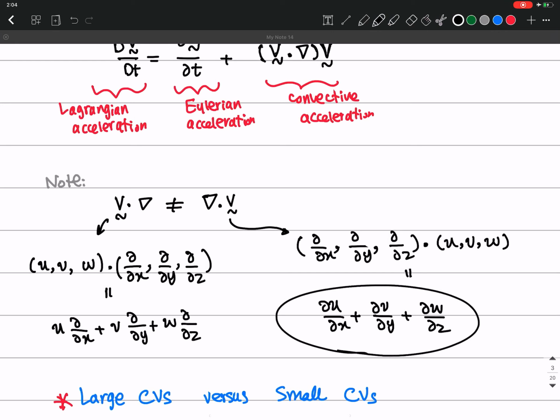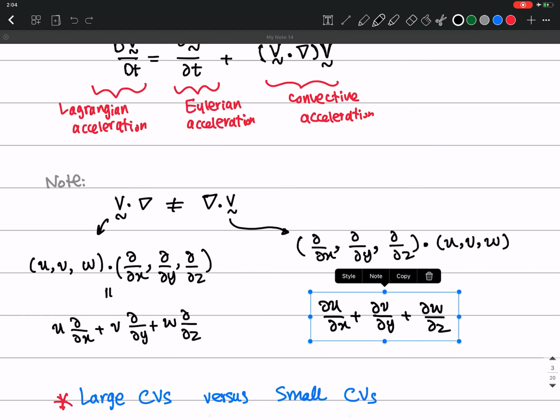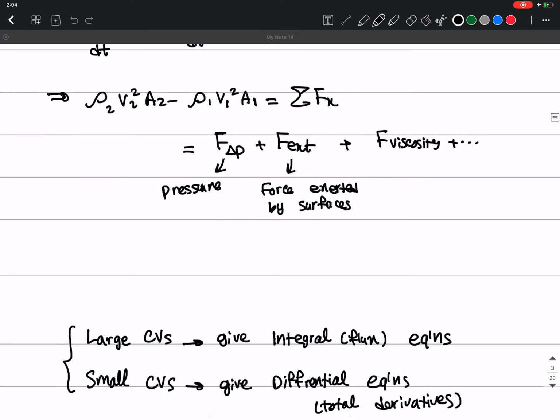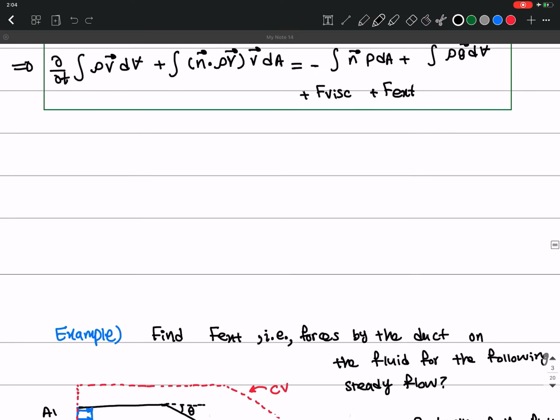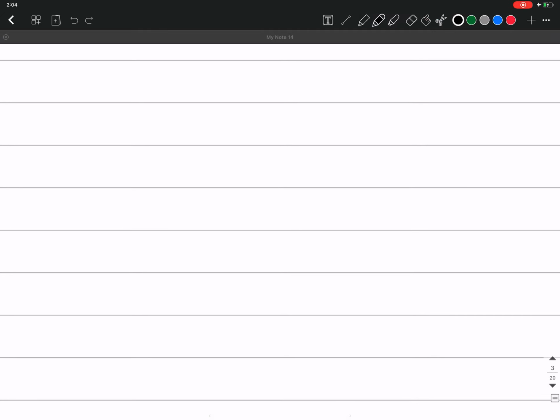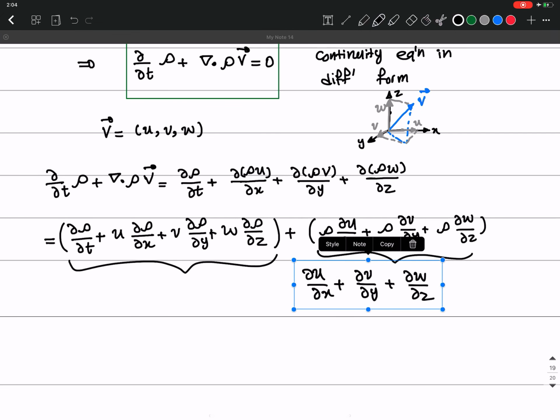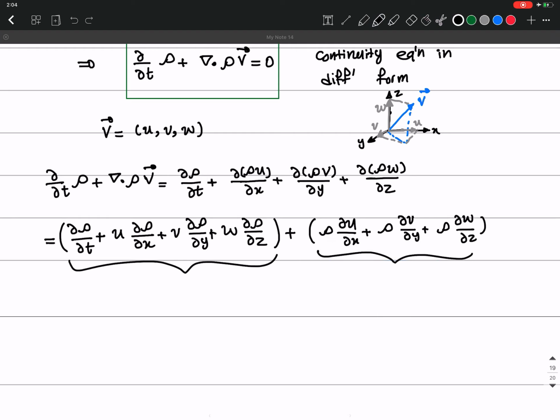Divergence of V is going to be grad dot that vector. They are actually similar, right? This is just divergence of the velocity vector, okay? So I can write this as rho divergence of V.